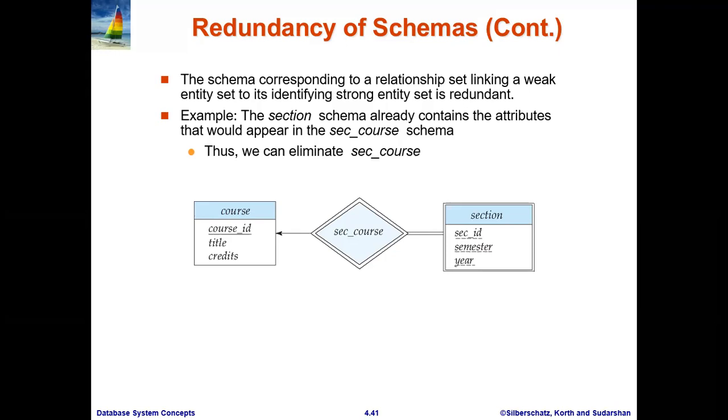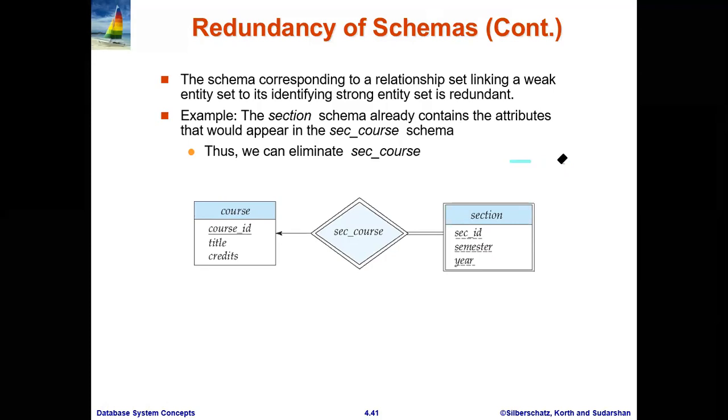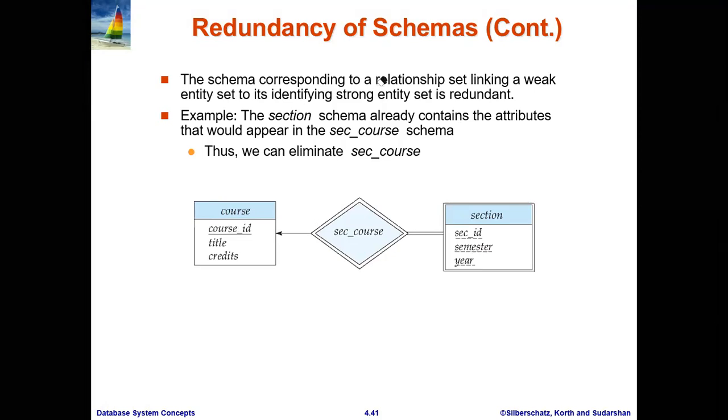So the section schema will be represented by course ID as the primary key of course, and all these attributes: section ID, semester and year. So this is the schema of section.